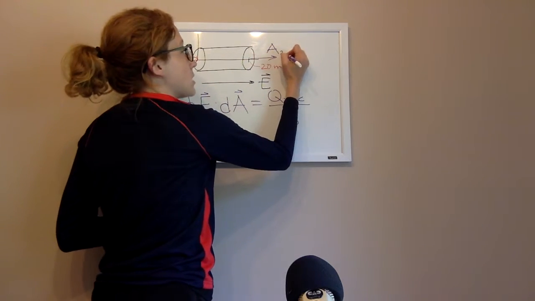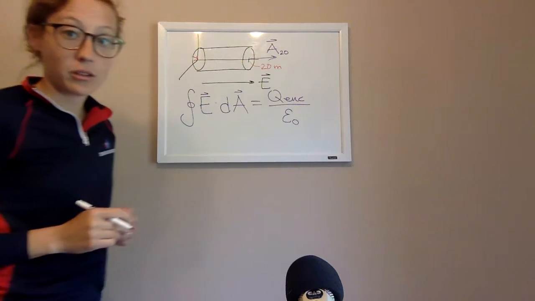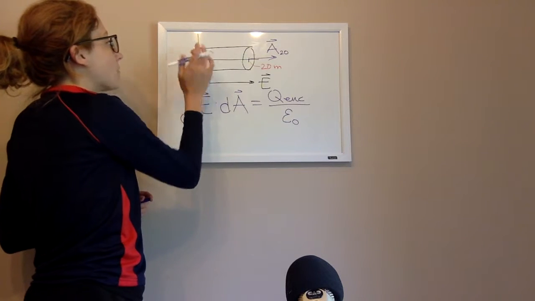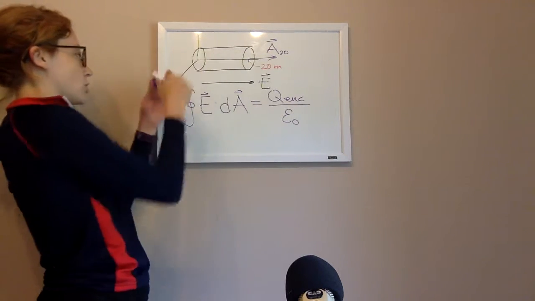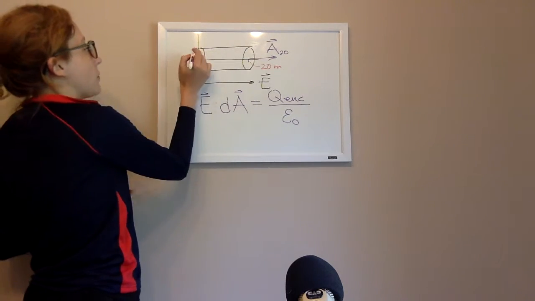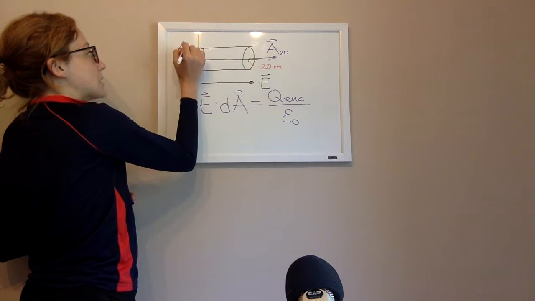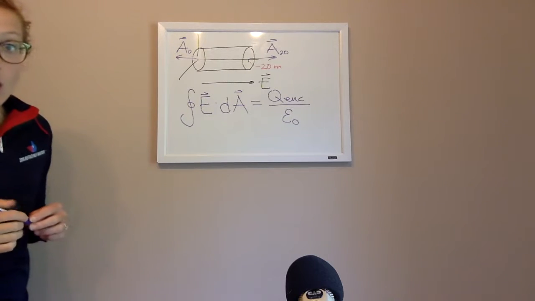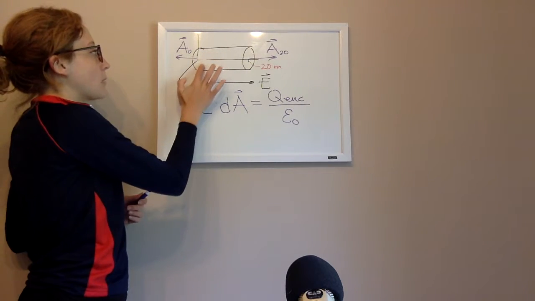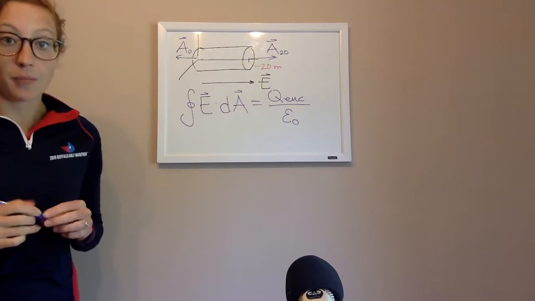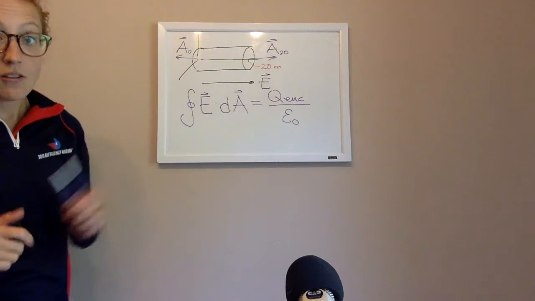I'll call this A20, to be in line with the notation I was using previously. And over here I have an area vector, which if you can envision this back surface pointing out, this is A0, like that. Okay, great. So there are our area vectors for this problem.